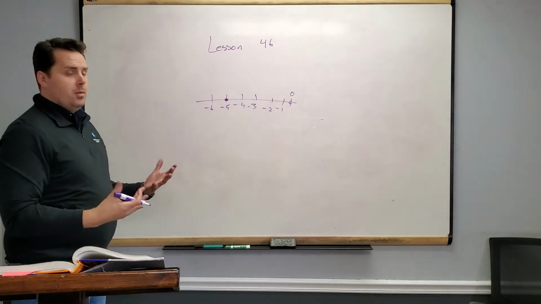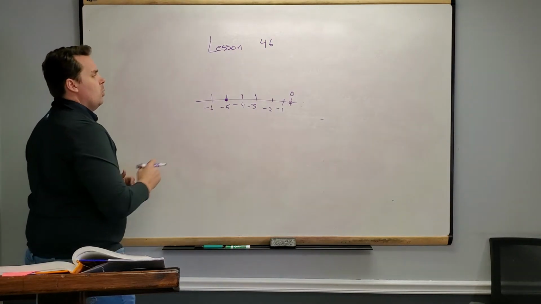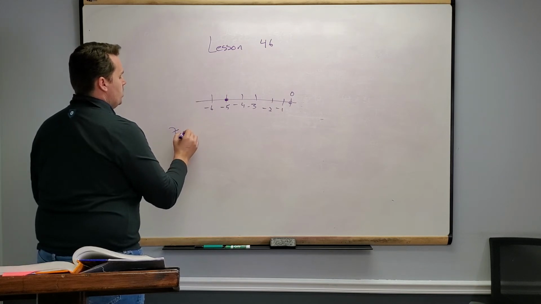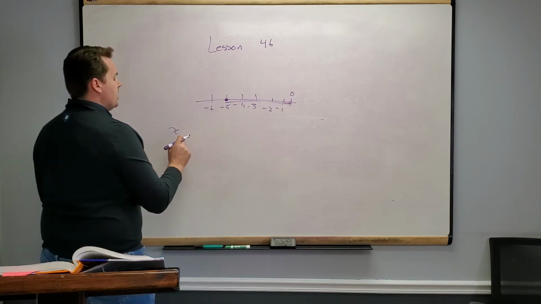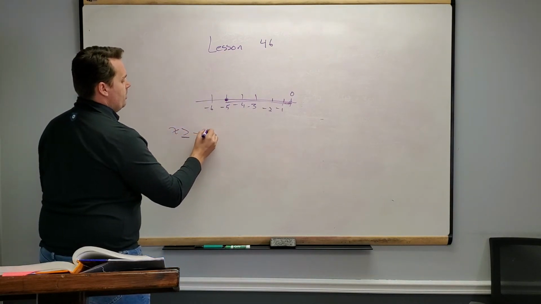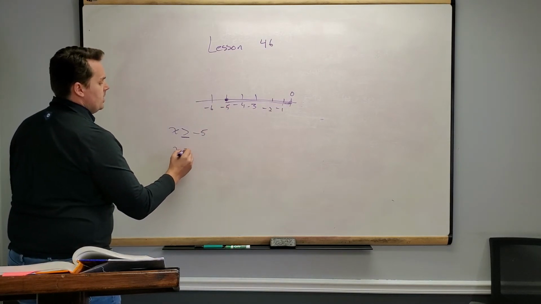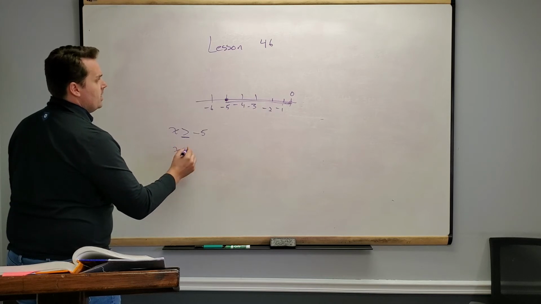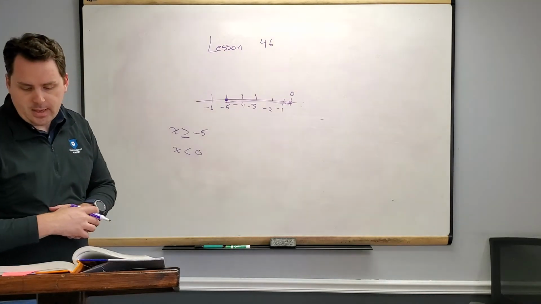So let's write it out the correct way first, and then we'll reverse the order, okay? So what is x? X is, it's going to be equal to, and they have a line right here, right? X is equal to or greater than -5. And then what is x? I'd say x is less than 0. X is less than 0.